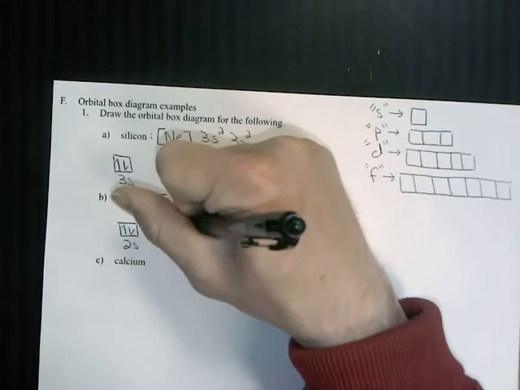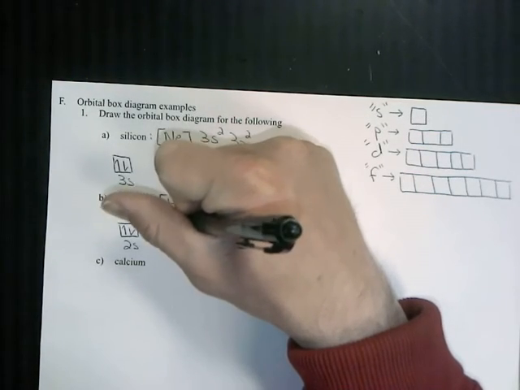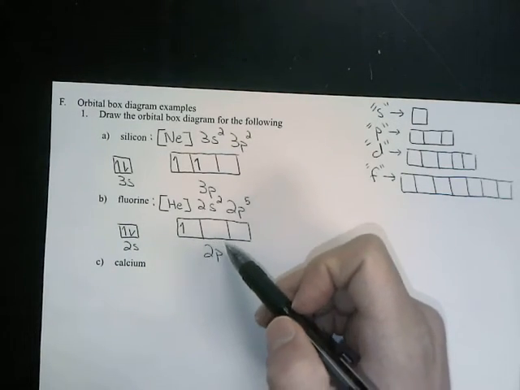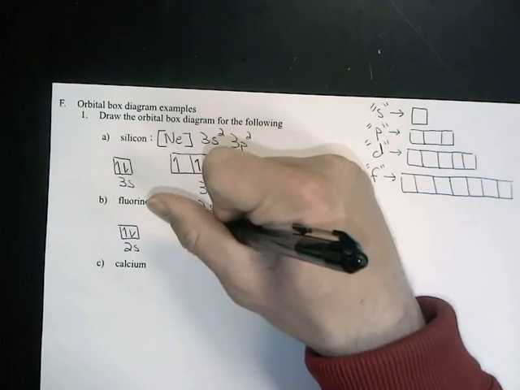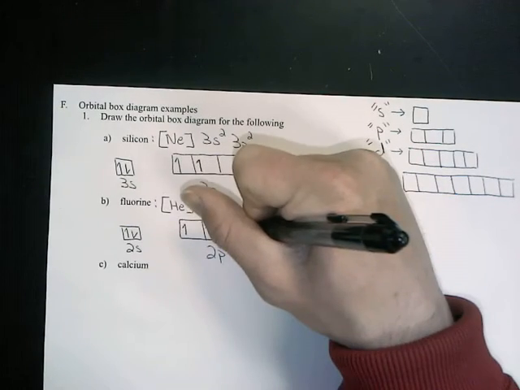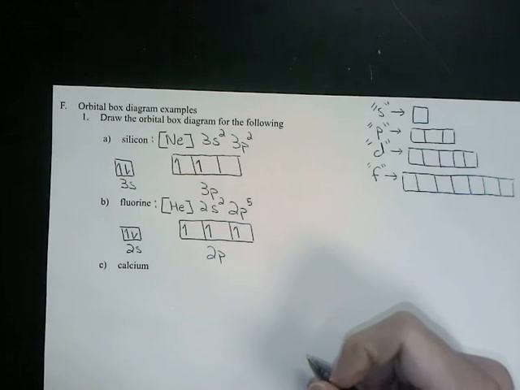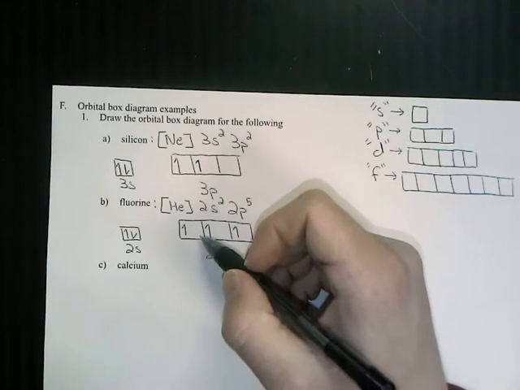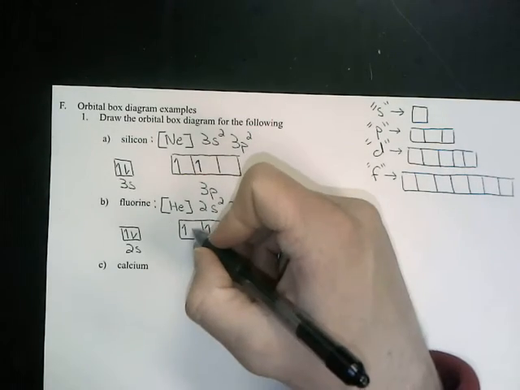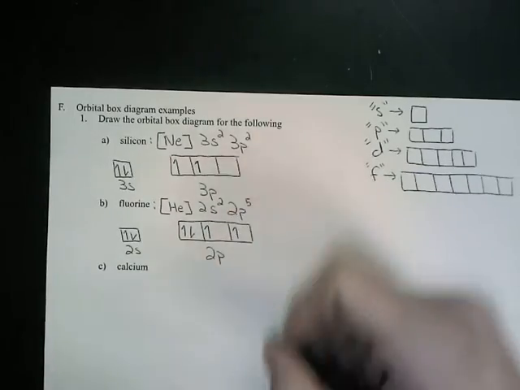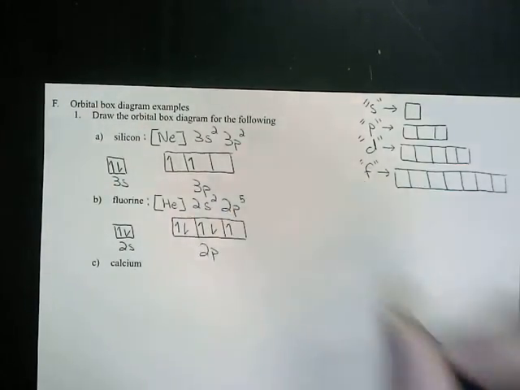5 means we need 5 electrons in that 2p box. So we start out with always the up arrow in the left-hand box. Then we have to make sure each box gets an electron first before we go back and we add seconds. So we have 1, 2, 3. We have 2 electrons remaining. So our electrons remaining are going to go down in this first box. So we've used 4, and then down in that second box.